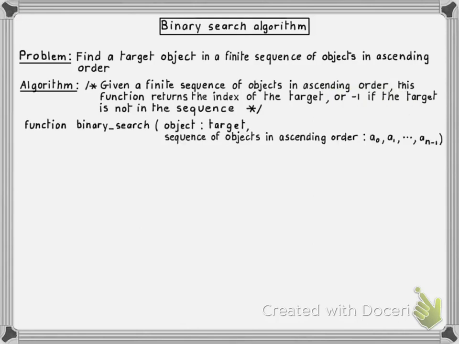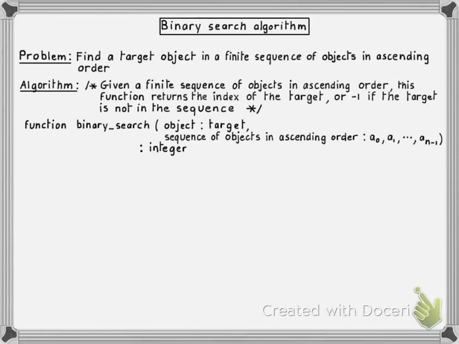The first line of the algorithm must start with the keyword function, since this algorithm returns a value, the name of the algorithm, and then in parentheses the comma-separated list of inputs with their associated types. So make sure to specify in this case that the input sequence must be in ascending order. Now the function must have a return value and its type must be specified. In this case, it's an integer.